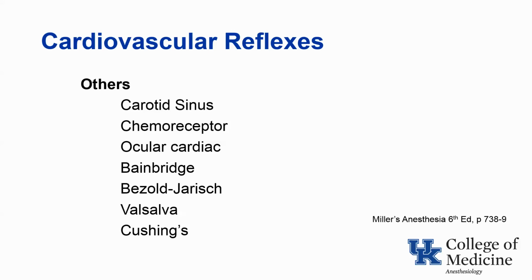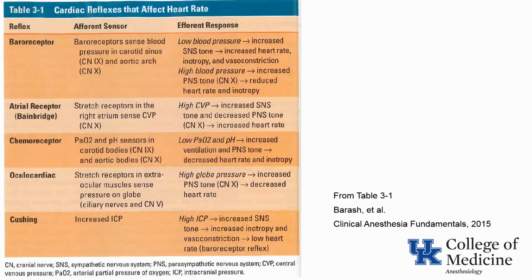Let's then turn to some of the other reflexes. This summarizes cardiac reflexes that affect heart rate, the afferent sensors and the efferent response. We show the baroreflex, the atrial or so-called Bainbridge reflex, the chemoreceptor, the oculocardiac, and the Cushing reflexes.